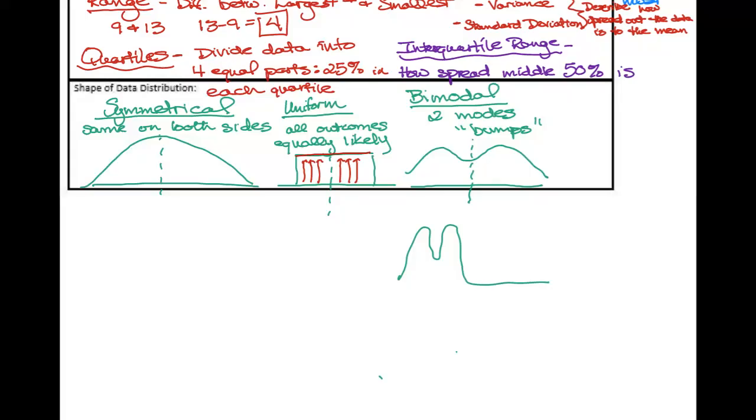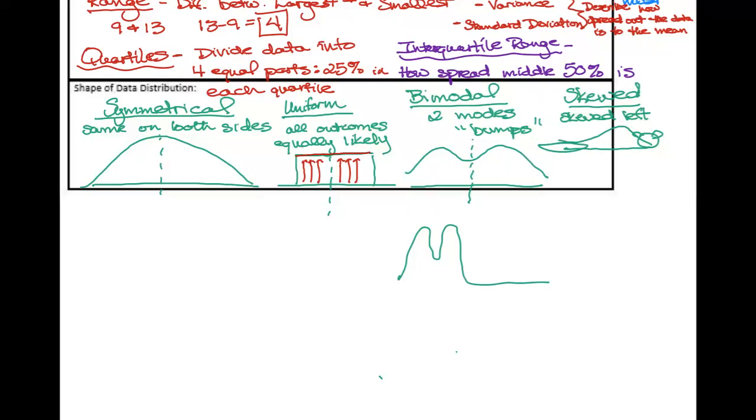And the last one is skewed. S-K-E-W-E-D. We got to draw 2 pictures here. First up is skewed to the left. If something is skewed to the left, that means it has a tail where there's not much data. We call this the tail. It kind of looks like a beaver or something.